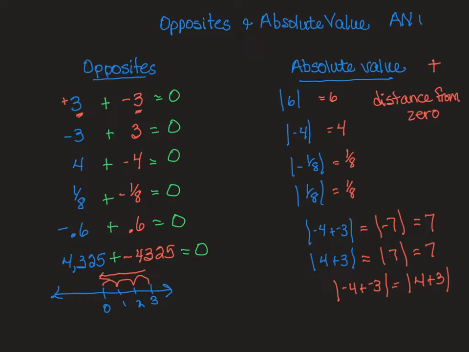The absolute value is when you're standing on 0, how far are you walking? It doesn't make any difference what direction I'm going. If I'm going to -3, I'm walking 3 steps to the left. If I'm going +3, I'm going 3 steps to the right. Doesn't make any difference. It's how many steps I take away from 0.